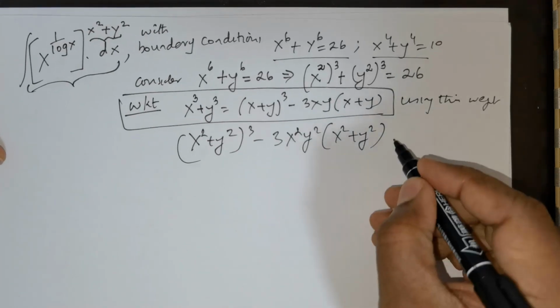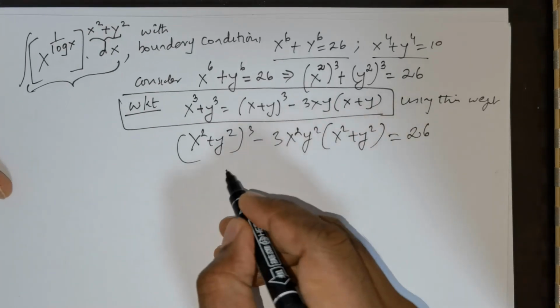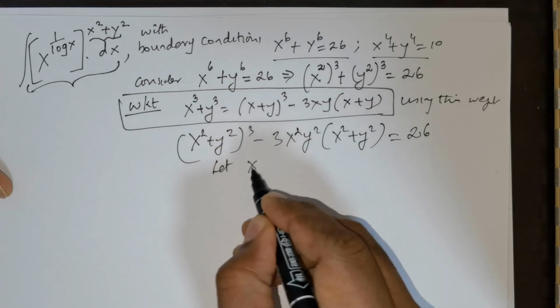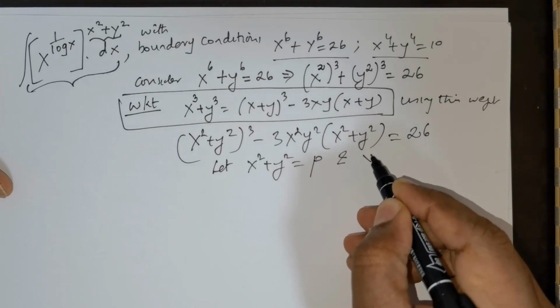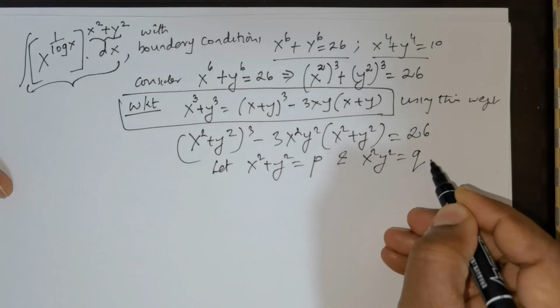Now this is equated to 26. Let me take x squared plus y squared to be equal to some p, and x squared times y squared to be equal to some q.